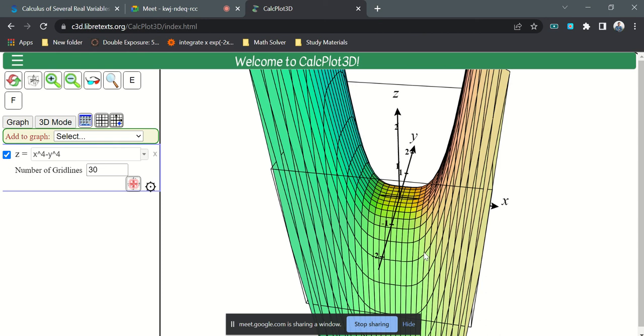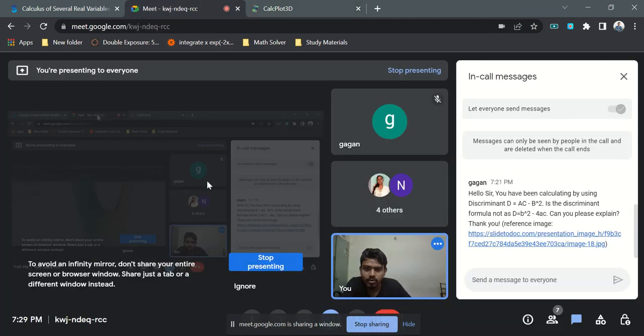So basically, looking at the plot, looking at the graph, you can say that 0 0 is a saddle point. There is also another way to calculate whether it is a saddle point or not.